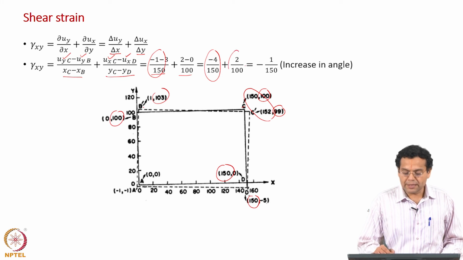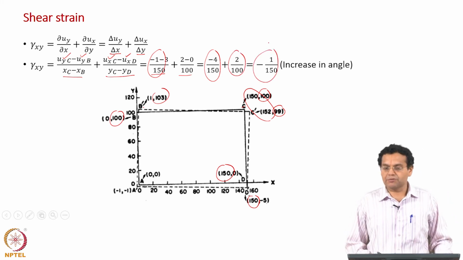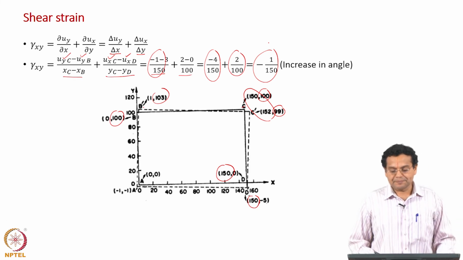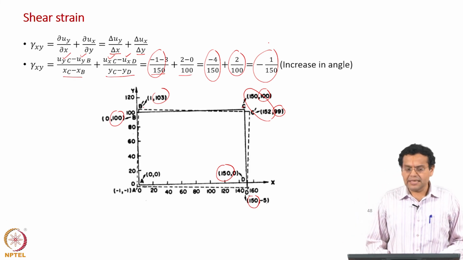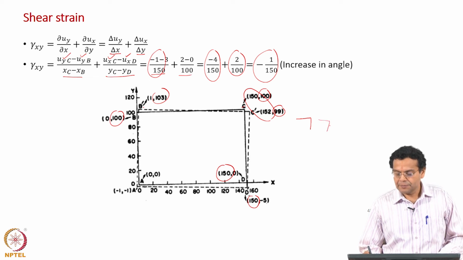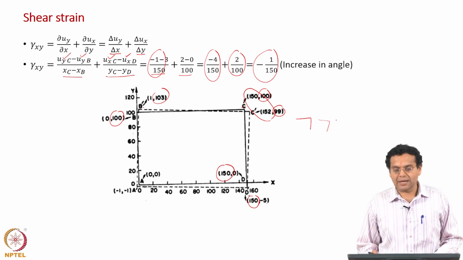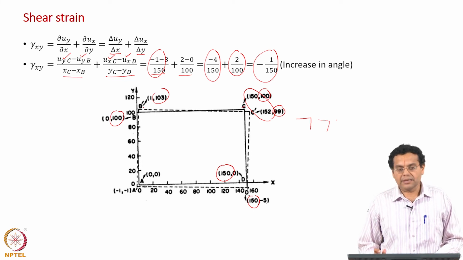So, this gives 2 by 100, and when you calculate you get minus 1 by 150. Okay. Which means that there is an increase in angle. If you focus on B, C, D and then B dash, C dash, D dash, there is a small increase in angle, of course slightly difficult to visualize, but there is a small increase in angle.